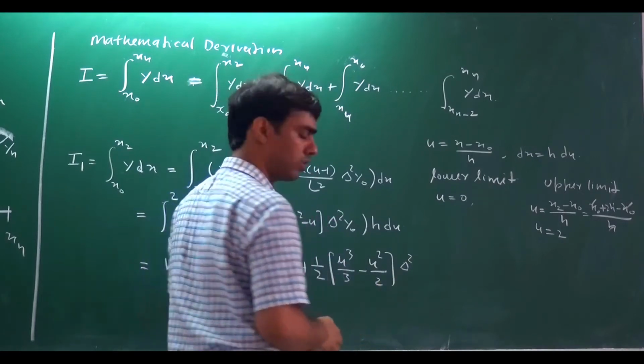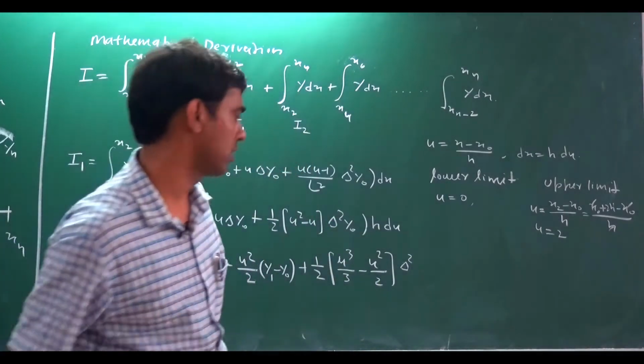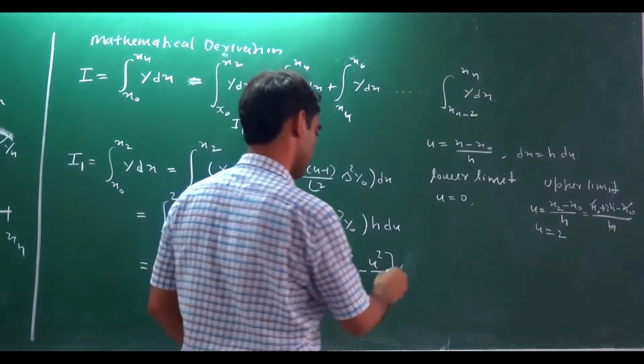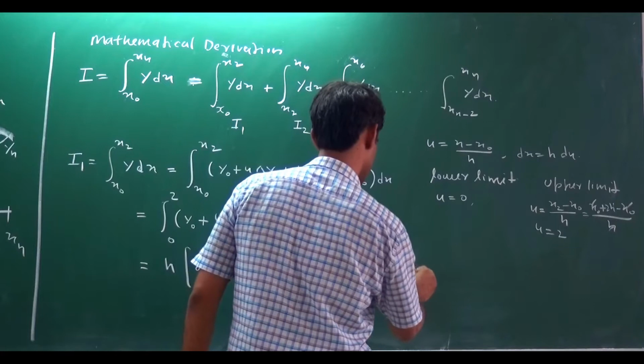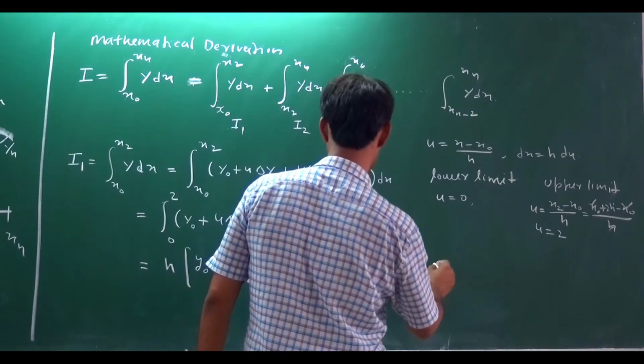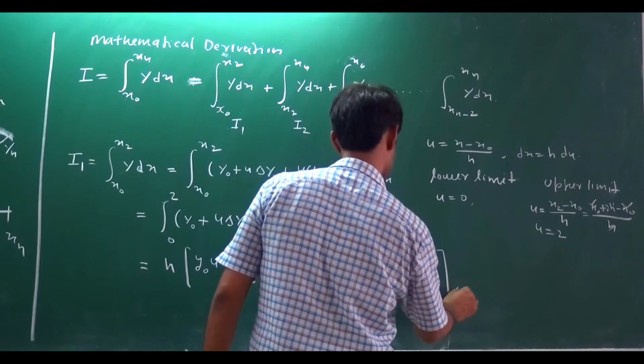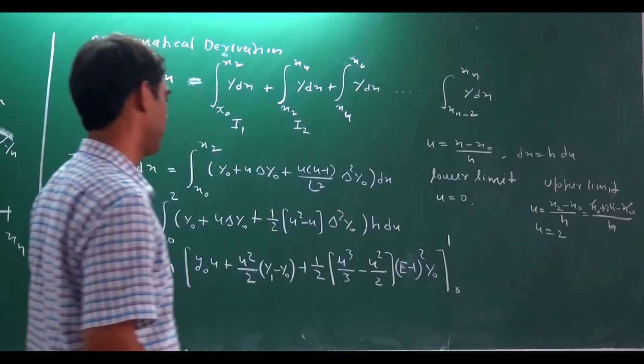Here del 2y0 can be replaced, using the shift operator, by E minus 1 whole square y0. The lower limit is 0 and the upper limit is 2.